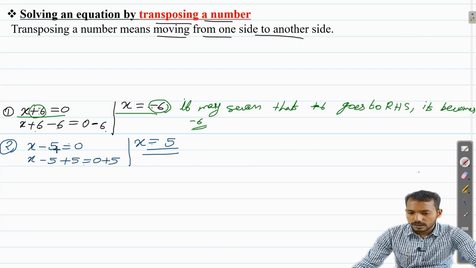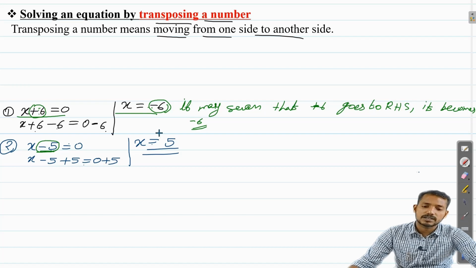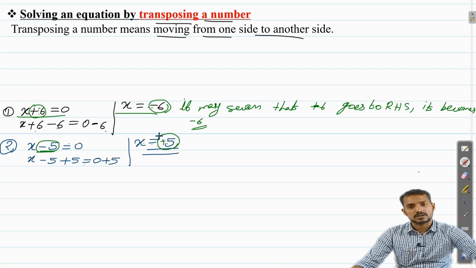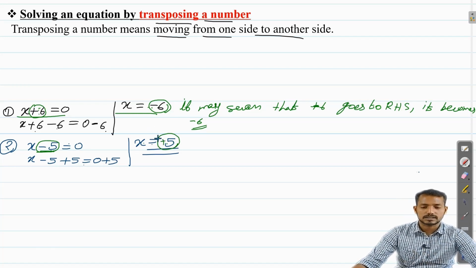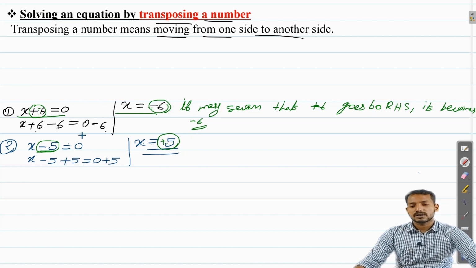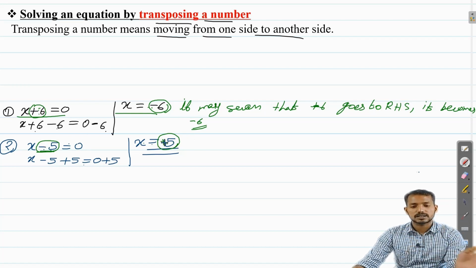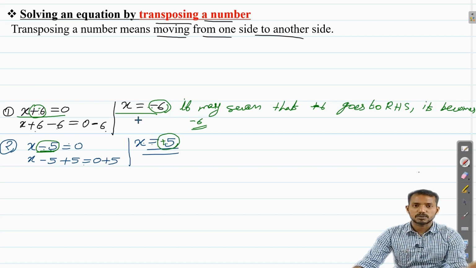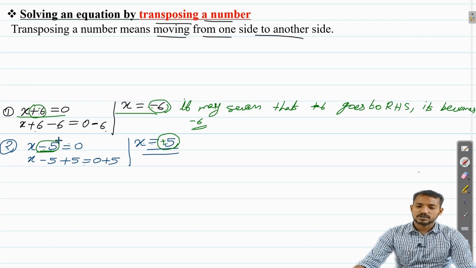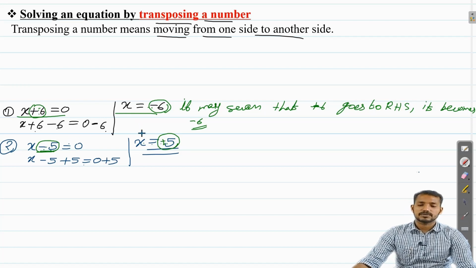See here, this was minus 5 when it was on the left side, but when it comes to the right side of this equation, it becomes plus 5. Actually plus is there, but in case of positive, there is no need to mention it necessarily. So that means when a negative number comes from the left side to the right side, it becomes a positive number. So minus will be changed to plus, but numerically they are equal.